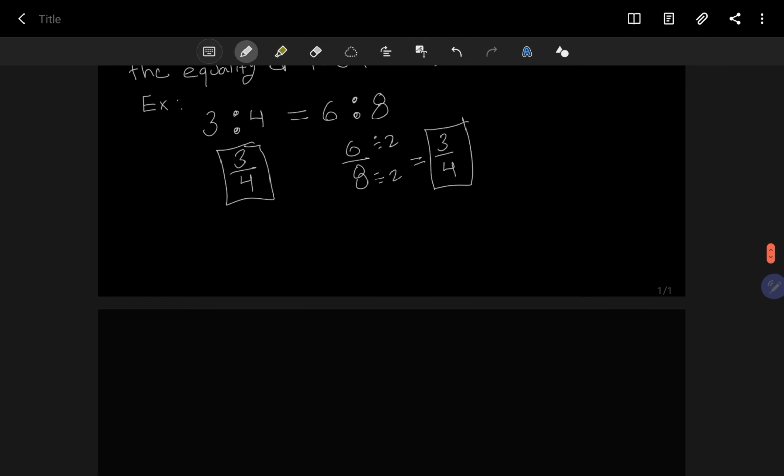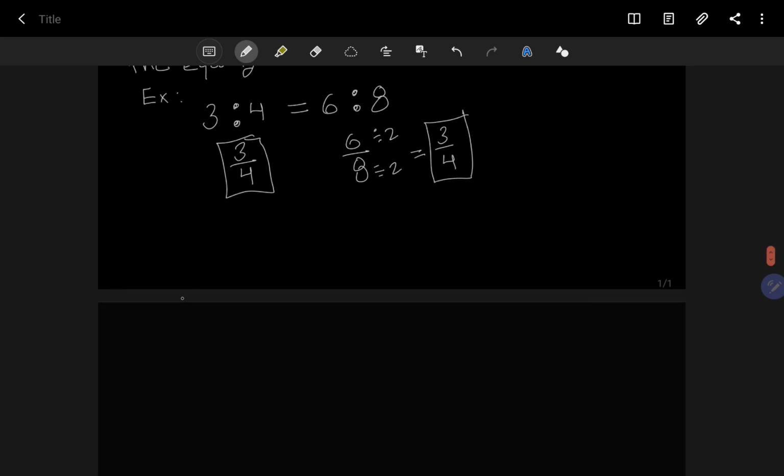More importantly, what a proportion actually allows me to see is, as I'm building or designing something, I can have the real thing built already.